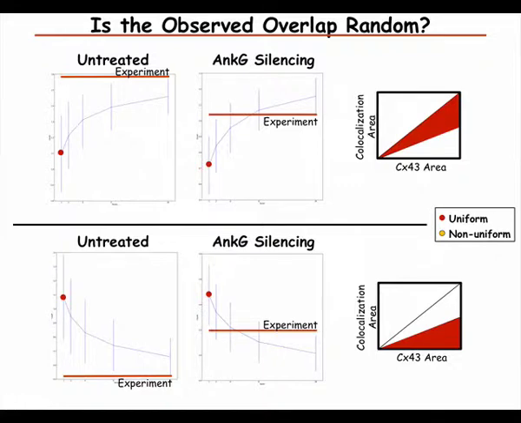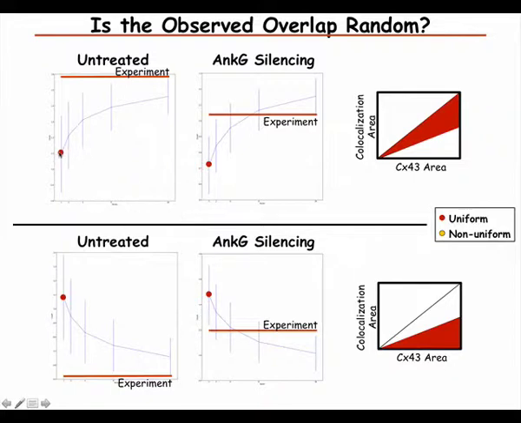So the question then was, was the observed overlap random, or did we measure something? In this case, this is our random point, and this is what the experiment shows. This axis here is attraction between the two molecules.